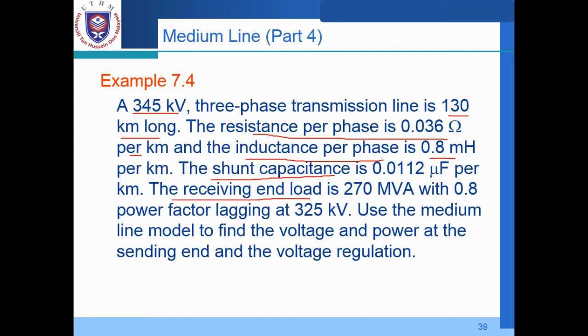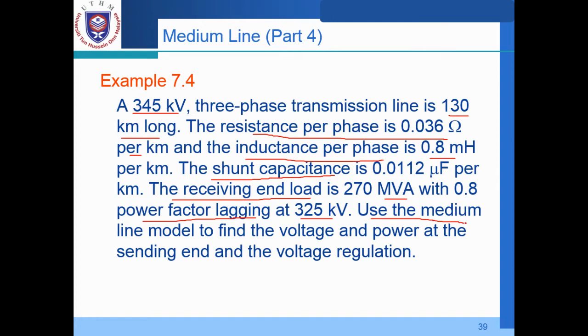So the receiving end load is 270 MVA, megavolt ampere, as well as the lagging power factor of 0.8, and this is the line to line full load voltage, which is 345 kV.